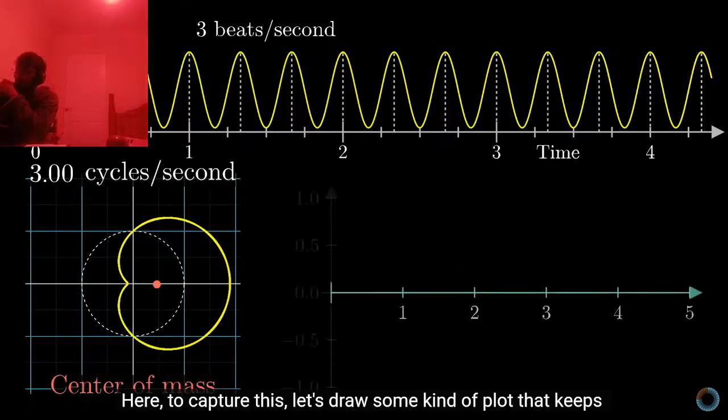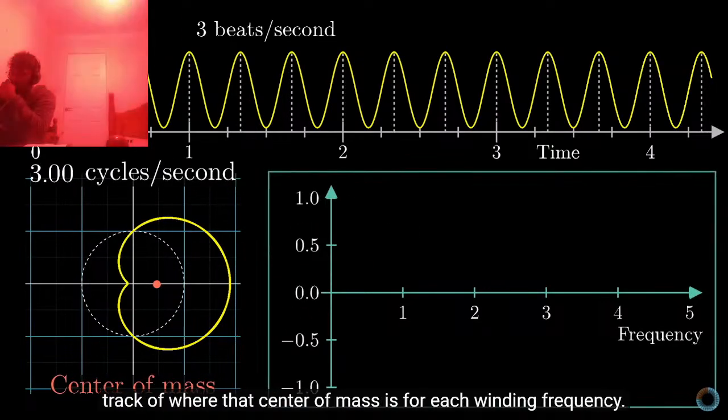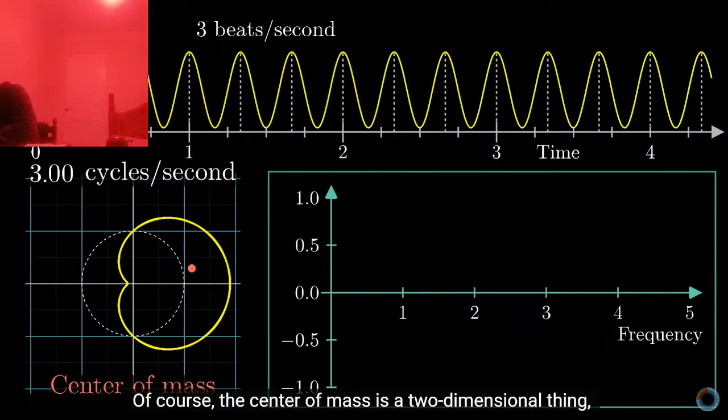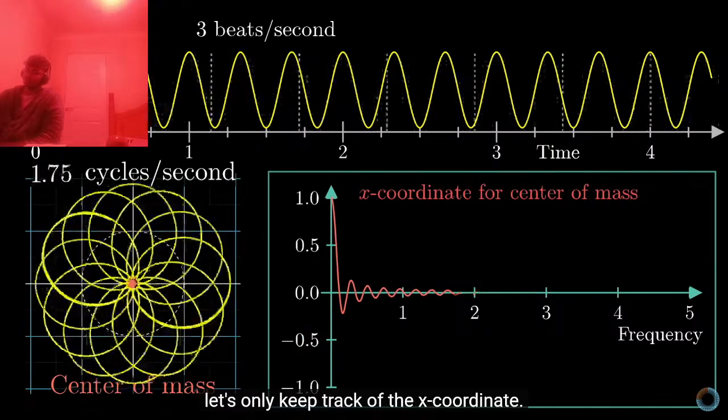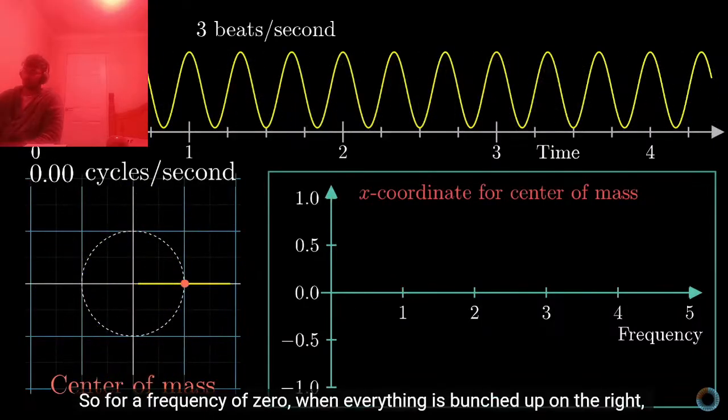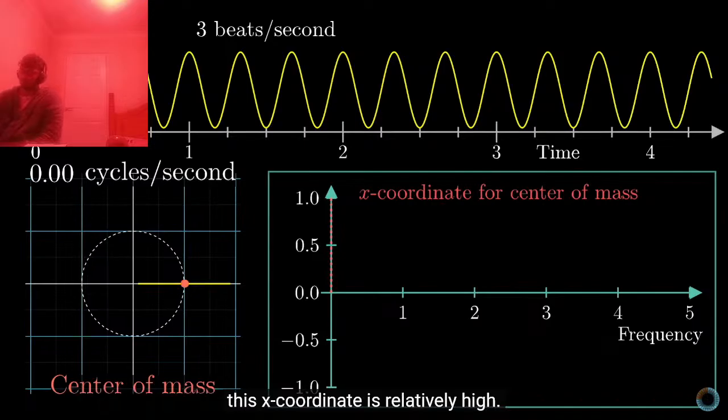Here, to capture this, let's draw some kind of plot that keeps track of where that center of mass is for each winding frequency. Of course, the center of mass is a two-dimensional thing that requires 2 coordinates to fully keep track of, but for the moment, let's only keep track of the x-coordinate. So for a frequency of 0, when everything is bunched up on the right, this x-coordinate is relatively high.